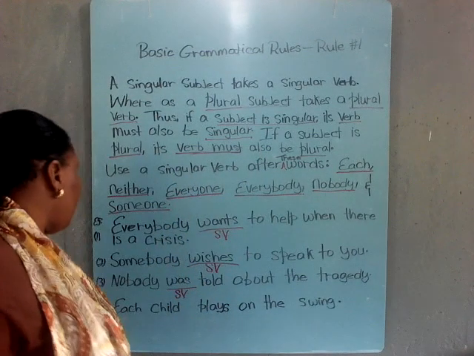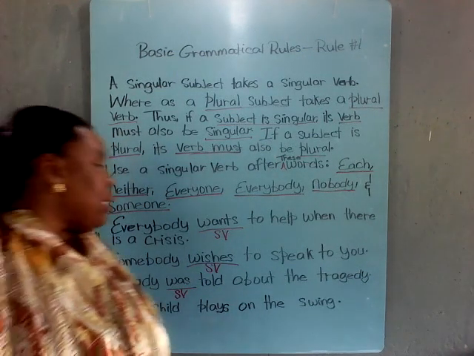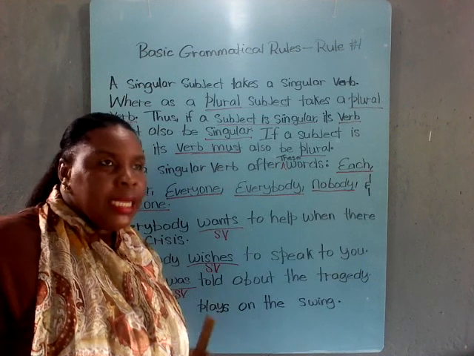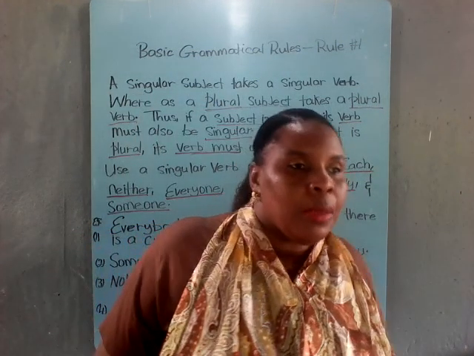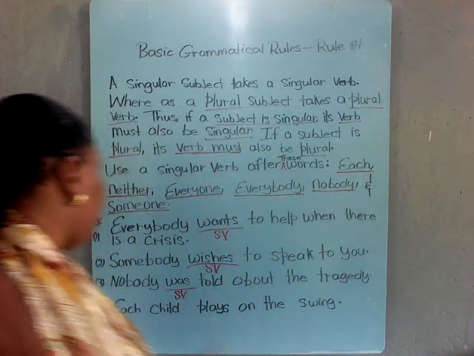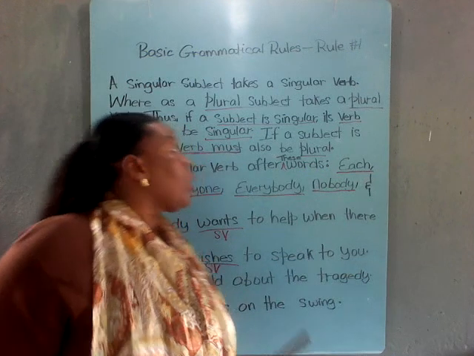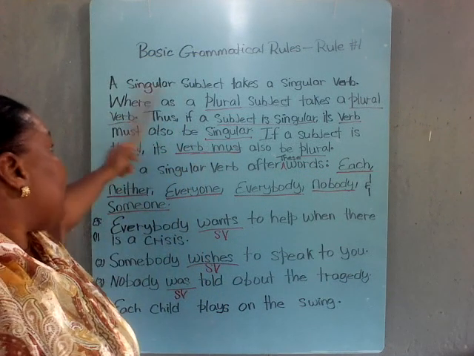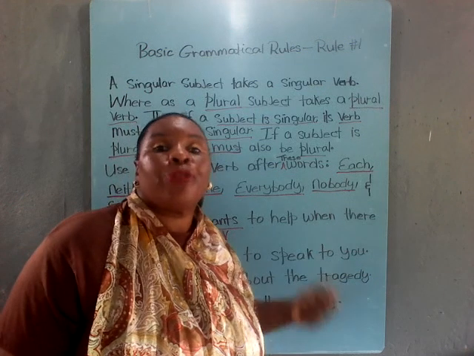Alright, let's move on to the last and final. Each child plays on the swing. This sentence is a little bit trickier than the others, but let's try and work with it. According to the rule, a singular subject takes a singular verb.